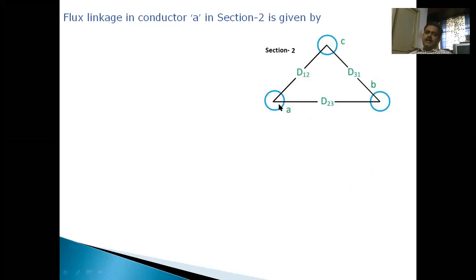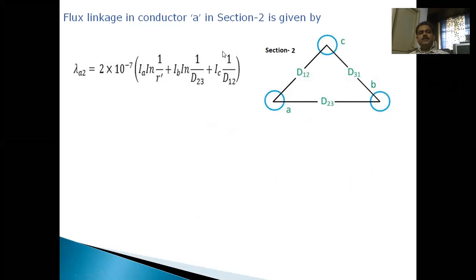Now the conductor A takes this position, conductor B takes this position, again conductor C takes the first position. So here in a particular fashion, these conductors have changed their positions.